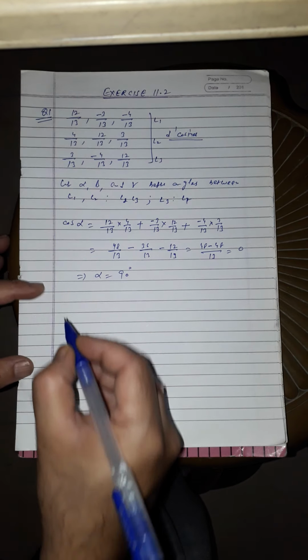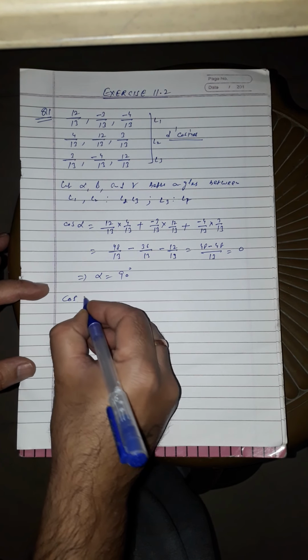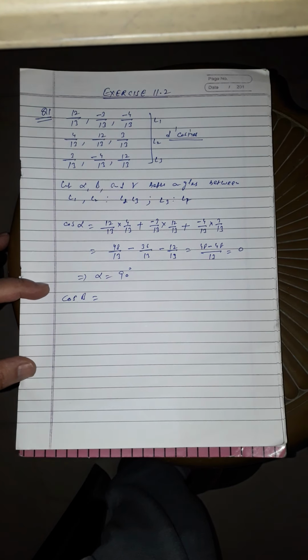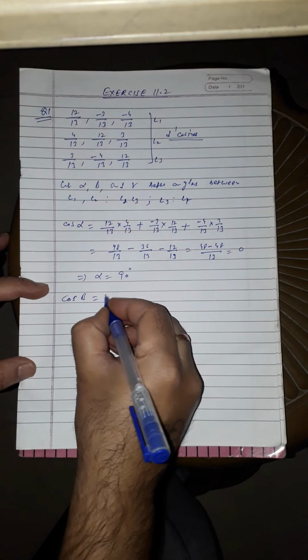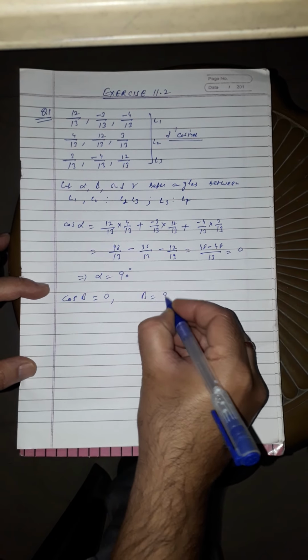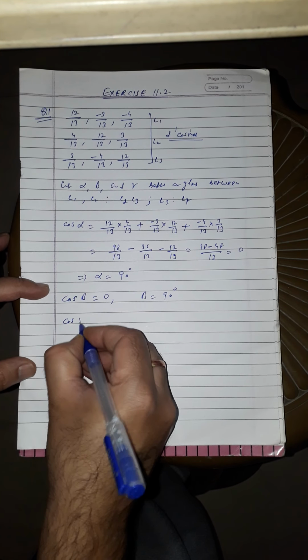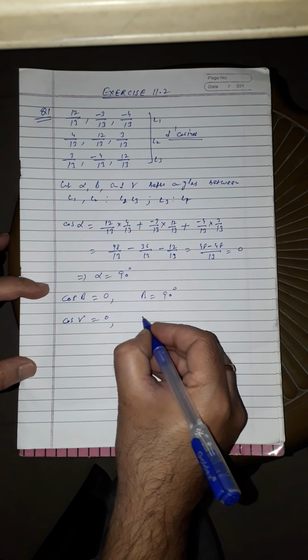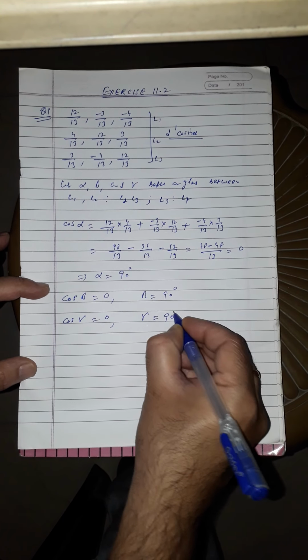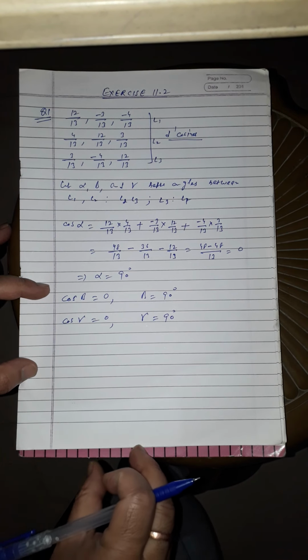In the same way, students, we will find cos beta. This cos beta will also come as equal to 0. Therefore beta is also equal to 90 degrees. In the same way cos gamma is equal to 0. Therefore gamma is also equal to 90 degrees, right?